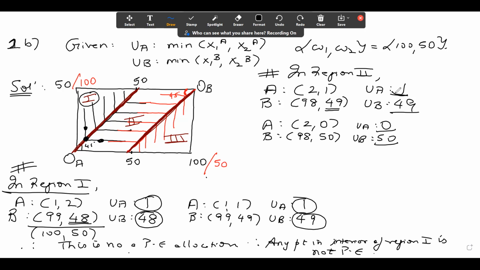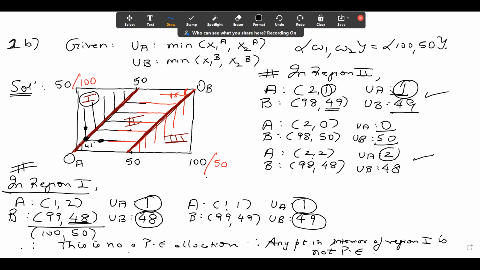Similarly, try to make A better off now. A becomes better off if A gets 1 more unit here. Suppose B gives that unit to A. Then this will be my new allocation. The utility which A gets is 2. The utility which B gets is 48. Compare this with this. A has become better off again by making B worse off.